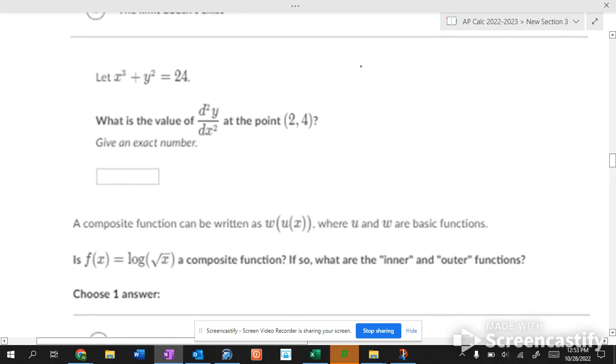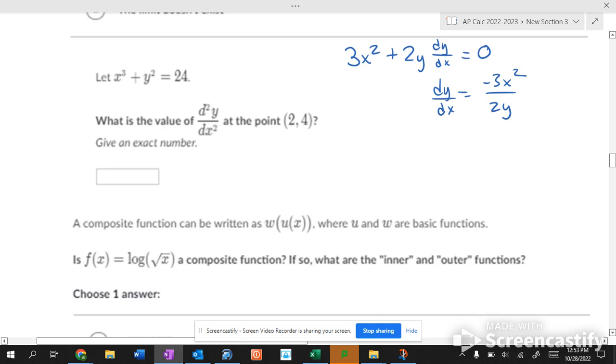So let's find the first derivative. What's the first derivative? 3x squared plus 2y dy dx equals 0. So what does dy dx equal? Negative 3x squared over 2y.